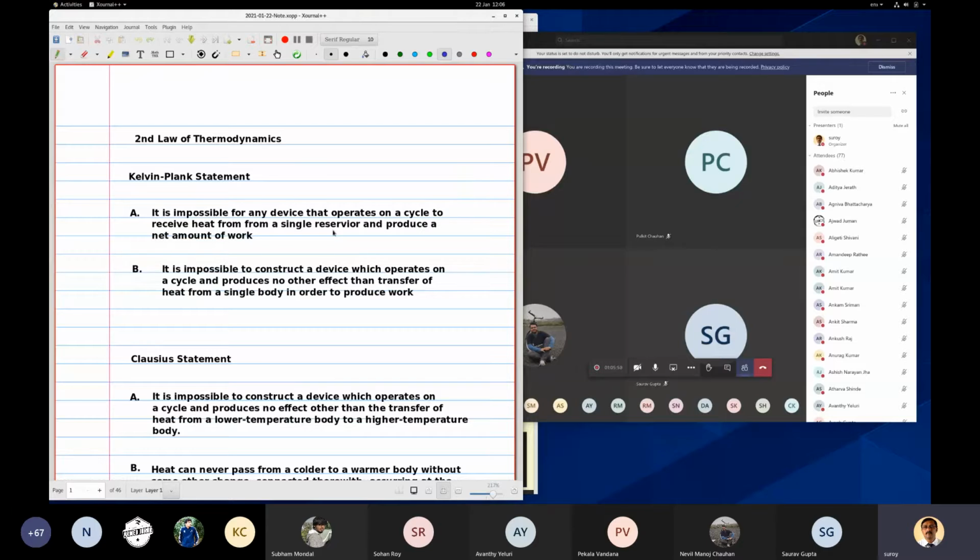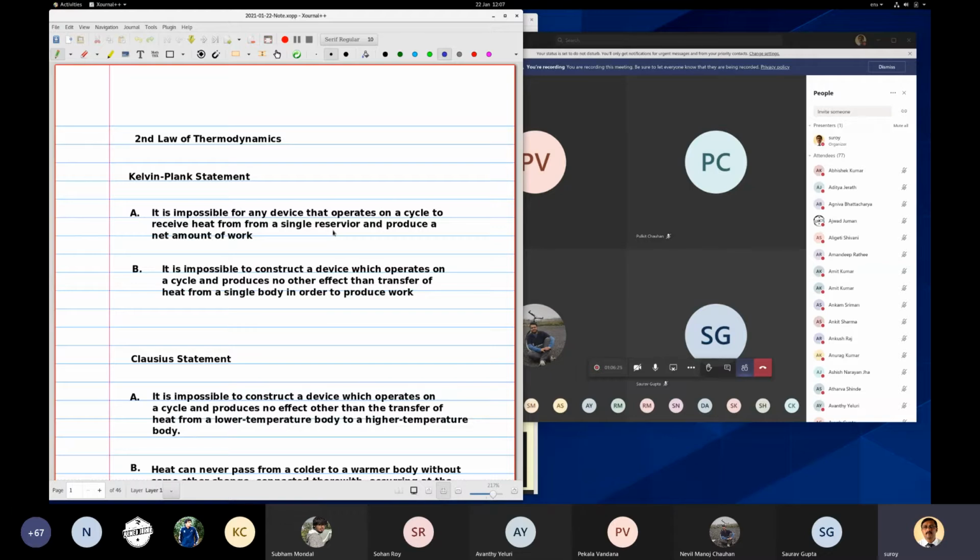So it is impossible for any device that operates on a cycle to receive heat from a single reservoir and produce a net amount of work. That's why I showed you the example of the power plant, where we receive heat in the boiler from the coal burning, and we also give away heat to the condenser at some lower temperature. So we are not receiving heat from a single reservoir and converting it into net work.